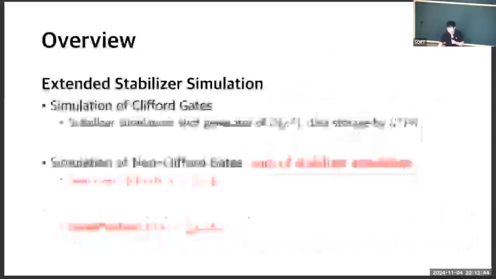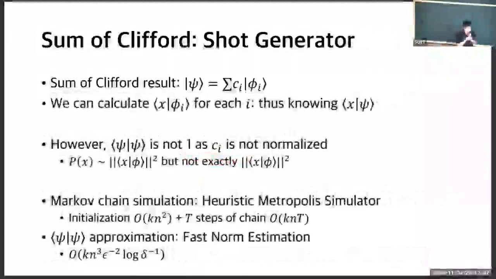So for that, we need to approximate the denominator, the length of psi when we shoot the result, or we can just be satisfied with p(x) but without normalization, because we can calculate the inner product of x and phi, where x is a bit string here.